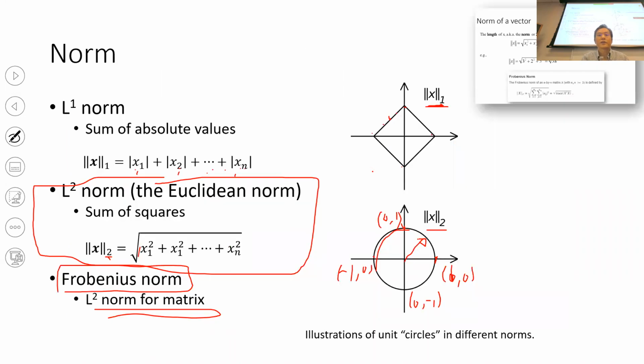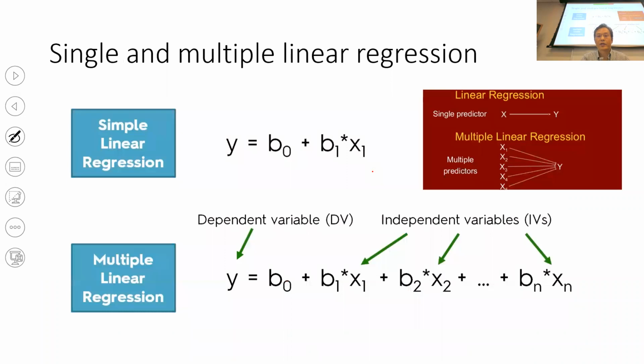Okay, at this point, we have prepared ourselves with all the linear algebra and these notations. We are going to see how we can define the simple linear regression model and the multiple linear regression model. This should be very similar to what you already know.